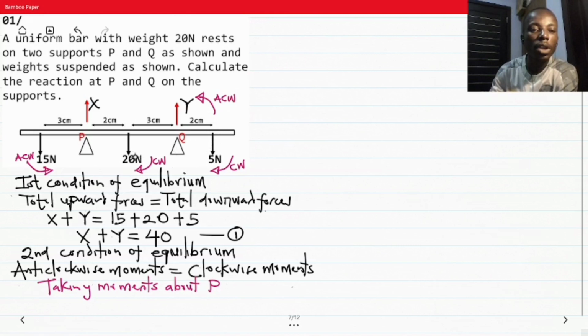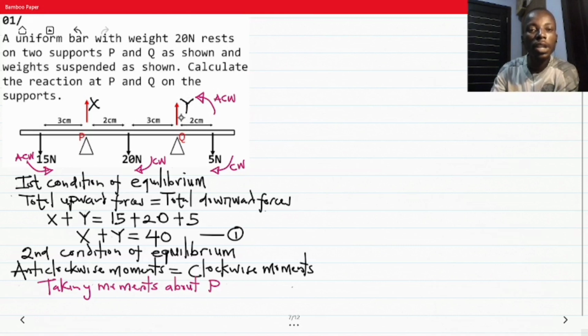Simply because I started with the downward forces and I took them as the reference. So since these are the reference forces, because I started with the downwards, this will not give a clockwise but rather an anti-clockwise moment, because it's facing upwards.